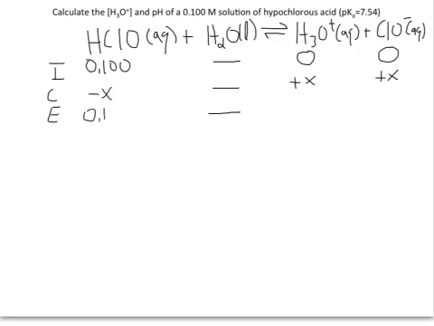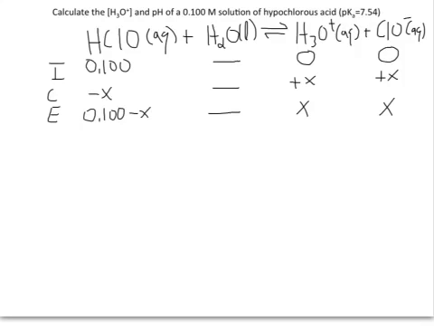The equilibrium row of the table is just the initial plus the change. So I have 0.100 minus x for the equilibrium concentration of the acid, and the equilibrium concentrations of the hydronium ion and the hypochlorite ion are just 0 plus x, or x. Before I can plug this into my equilibrium constant expression and use K to find x, I need to go from the pKa to the Ka.